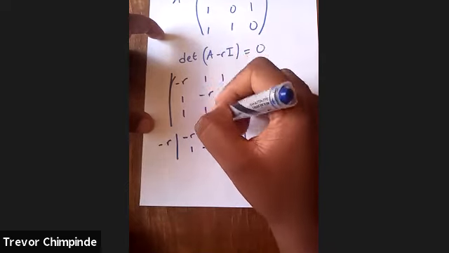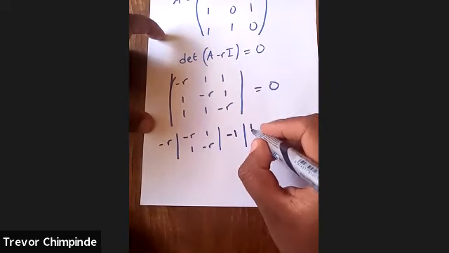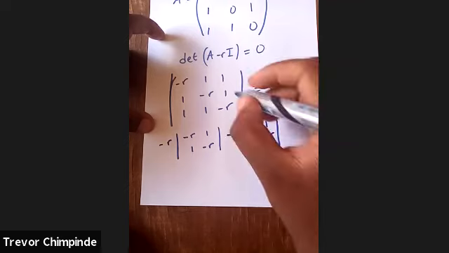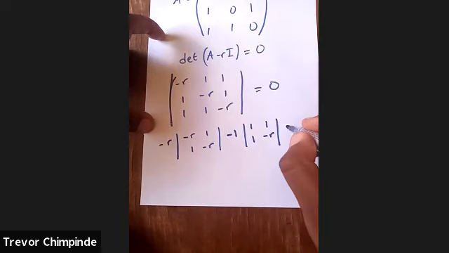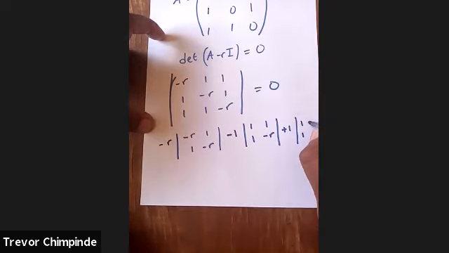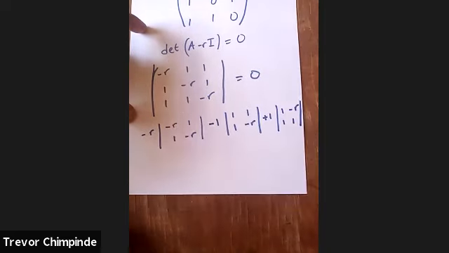Remove its row and column, and you have 1, 1, 1, minus R. The last entry in this row is 1, and this is plus 1. Then we remain with the matrix 1, minus R, 1, 1.